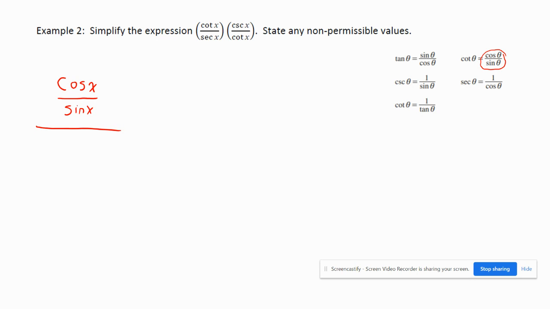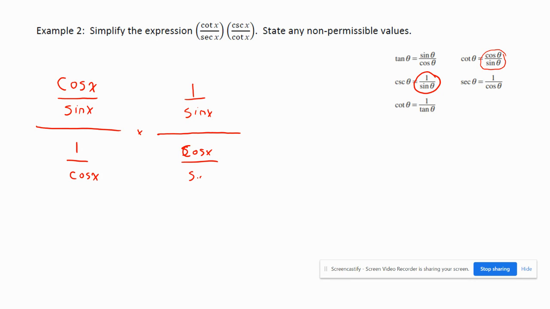Secant x is the same thing as 1 over cos. And then we have cosecant x, and I'm just going to put times here. Cosecant is 1 over sine, so I'm going to make this substitution here. And cotangent, again, is cos over sine here.